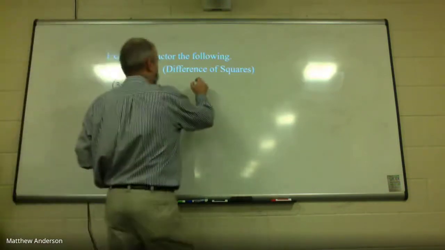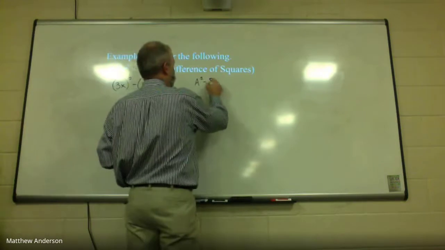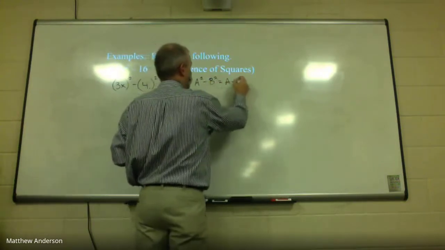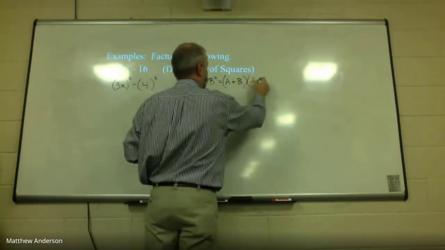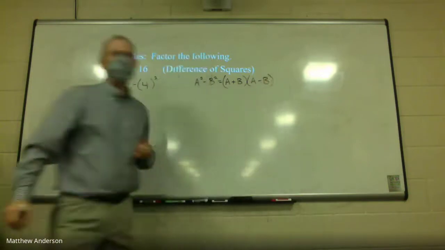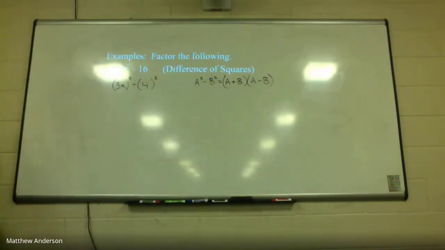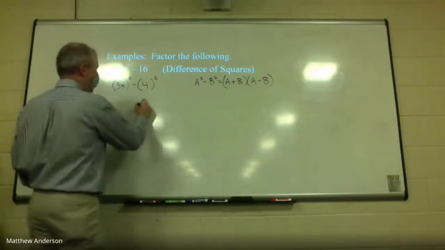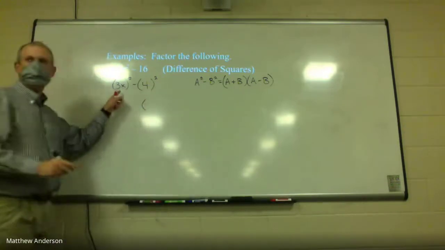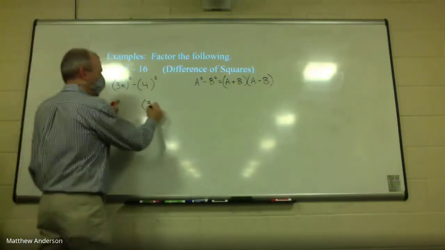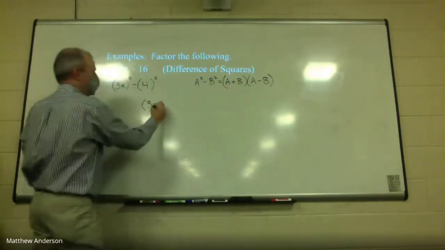So here's the pattern. A squared minus b squared factors to be a plus b times a minus b. If that's not in your notes, you probably want to write that one down. Okay? And a just stands for the first parentheses, and b just stands for the second parentheses. So if we're going to follow this pattern, the answer will be first parentheses, 3x, plus b, second parentheses, so plus 4.